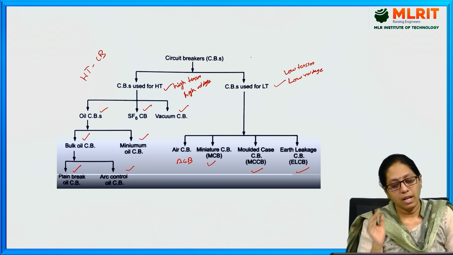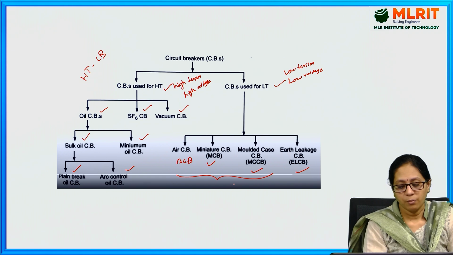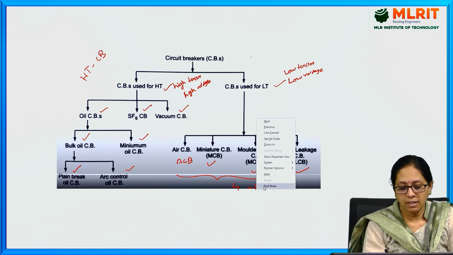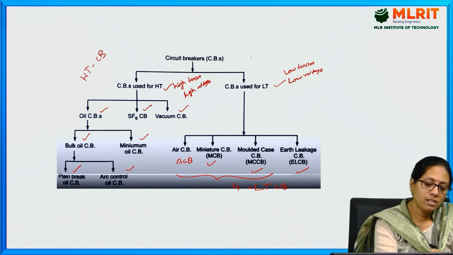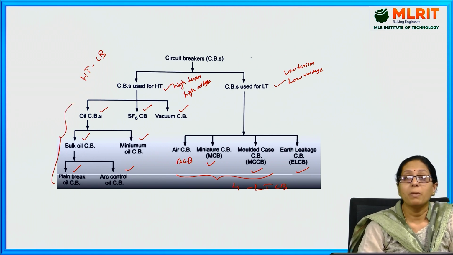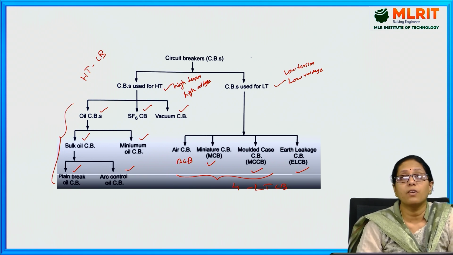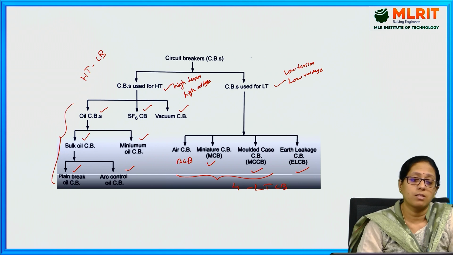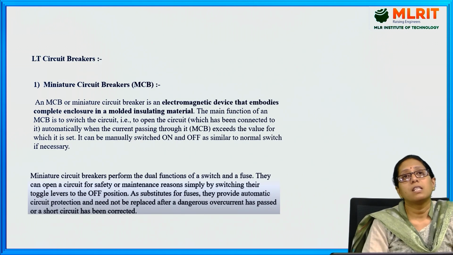So there are 4 types of LT circuit breakers and different types of HT circuit breakers also. So based on the application, the load, and the location, we will be using these different types of circuit breakers.